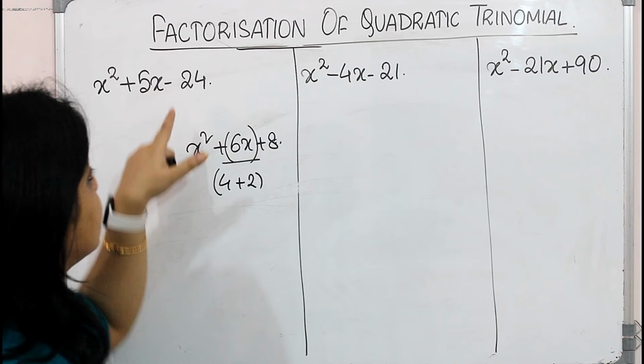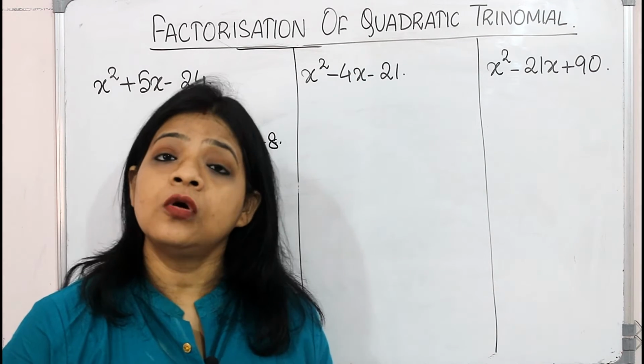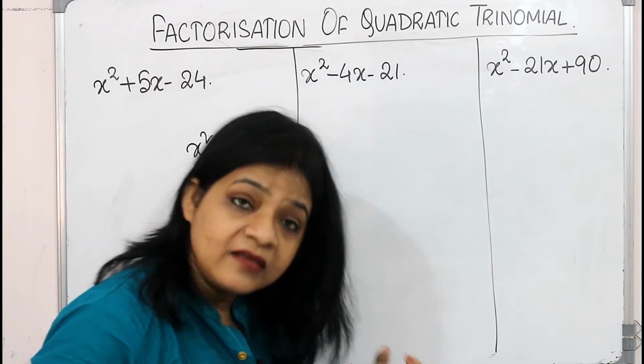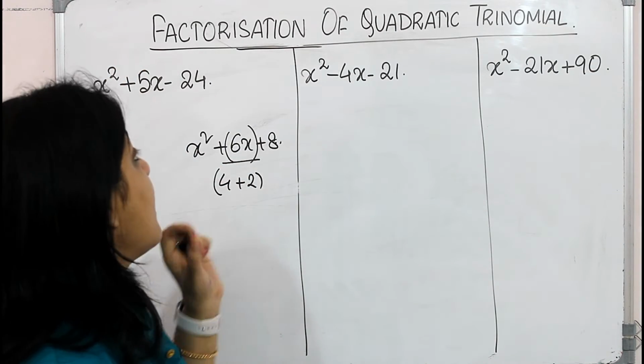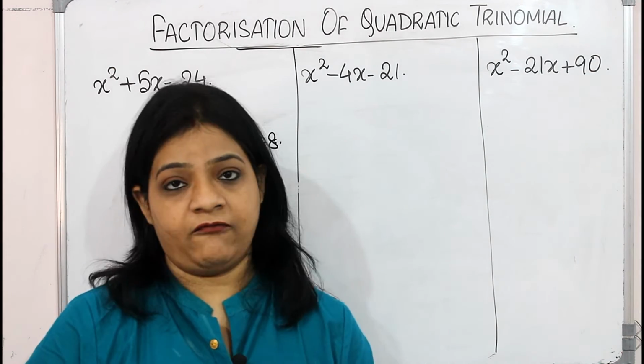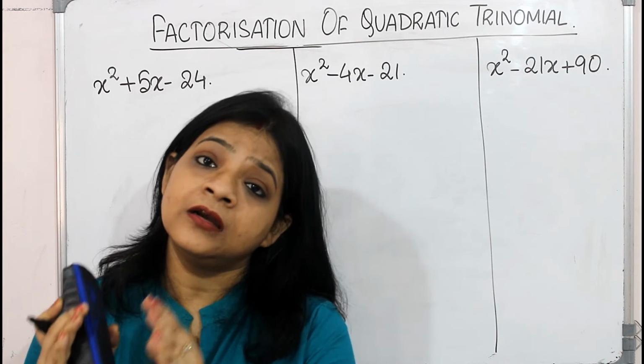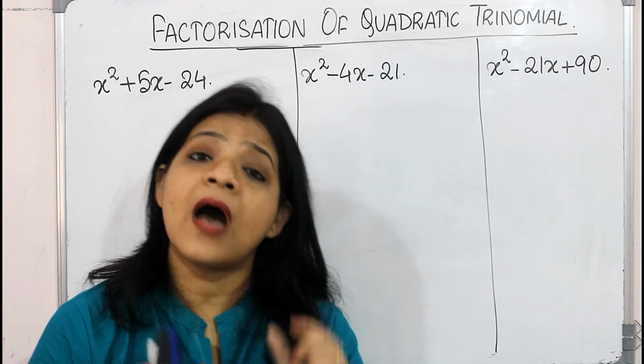But here in this particular example, you need to express the middle term as the difference of the factors of 24. Why?